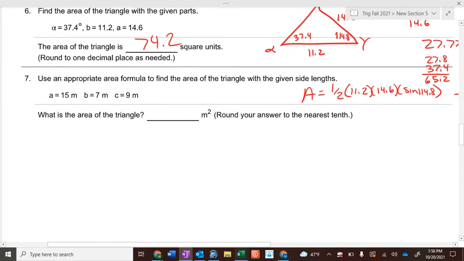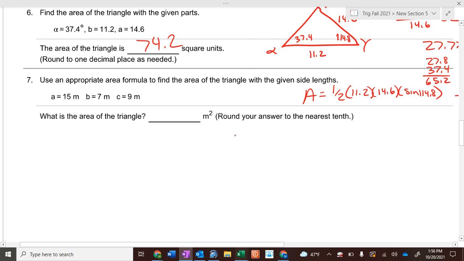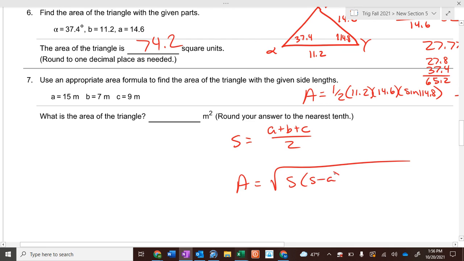Okay, the last one is use Heron's formula. So S is equal to A plus B plus C all divided by 2. Then the area equals the square root of S times S minus A times S minus B times S minus C. So A plus B plus C, 15 plus 7 is 22, plus 9 is 31. So you get 31 over 2, which is 15.5.